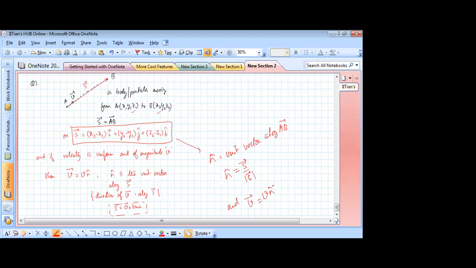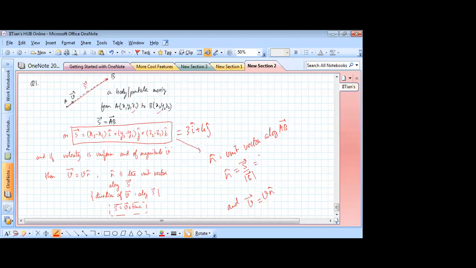Understood? So in this particular question, when you work it out, you will see that the components are such that this vector will come out to be 3 minus 0, so that is 3 i cap, plus 5 minus 1, so that is 4 j cap, plus 2 minus 0, so that's 0 k cap. So this is the displacement vector.